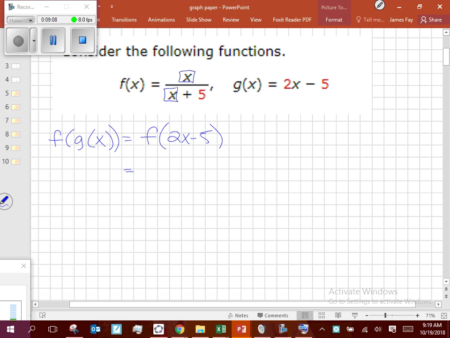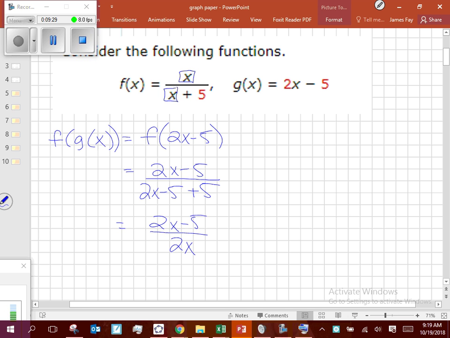So it's going to look like 2x minus 5 over 2x minus 5 plus 5. Simplify that. 2x minus 5 over 2x.